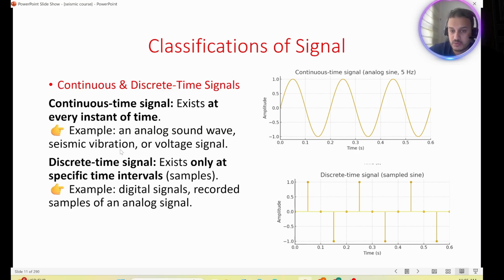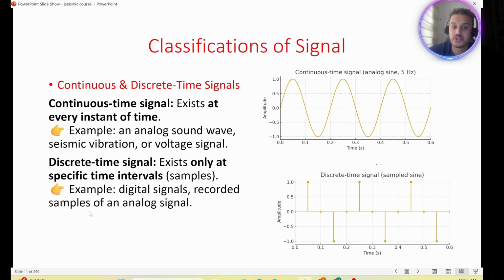Seismic vibration, when we have an earthquake, or voltage signals are examples of continuous time signals. Okay, it's also called the analog signal. It's continuous and present at all times without any break.